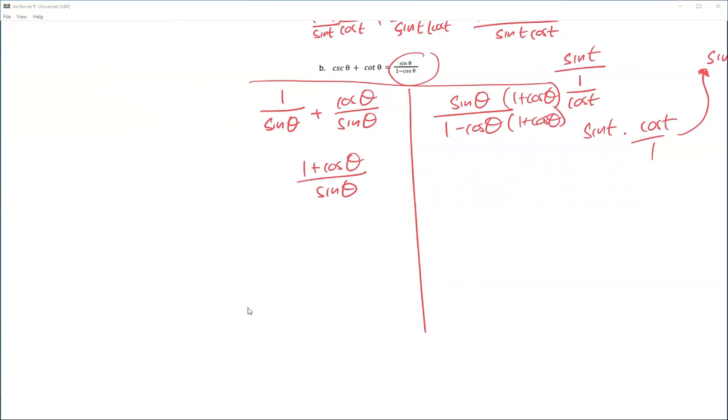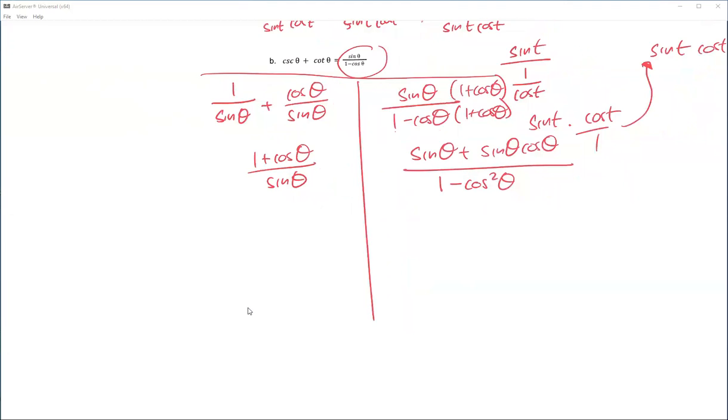So remember, you're multiplying by its conjugate. So this is going to be sine theta plus sine theta cosine theta all over, if you multiply this out, it'll be 1 minus cosine squared theta. Remember, the terms in between cancel out. That's why it's good to multiply by its conjugate.